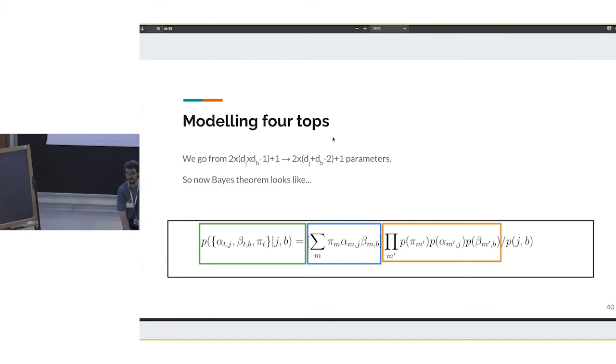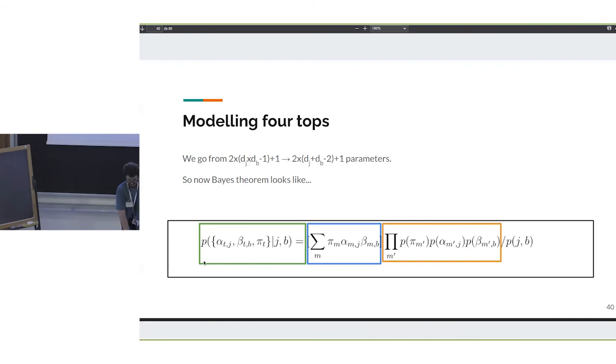You have a lot of parameter reduction from this conditional independence assumption, because you go from one big multinomial to two small multinomials, which each have a normalization constraint. That's where the minus 2 comes from instead of a minus 1. And you add the mixing parameter that you have to learn.